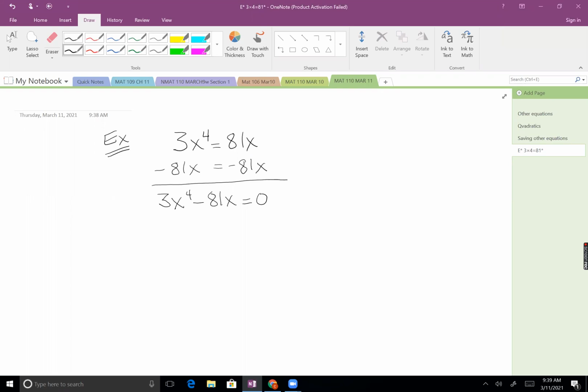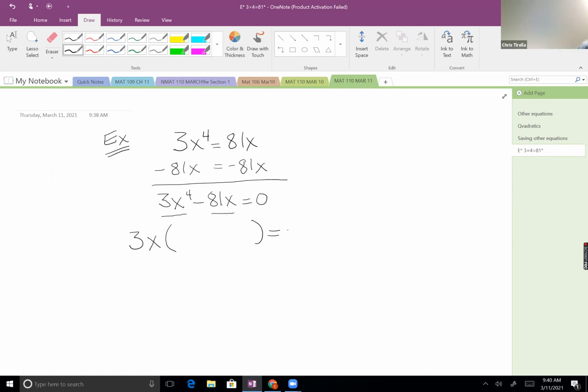You can take the 4th root or whatever that's called. I think you're overthinking it. Is there a number that goes into both 3 and 81 evenly? I mean 3. Yeah, and is there a variable that shows up in both of them? X, yeah. So my common factor is 3x.